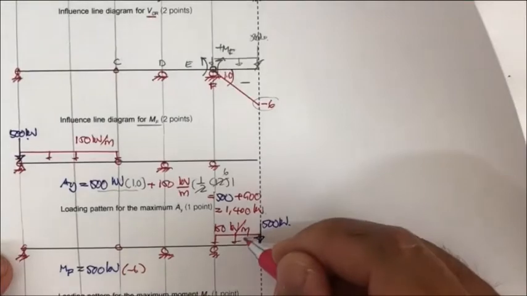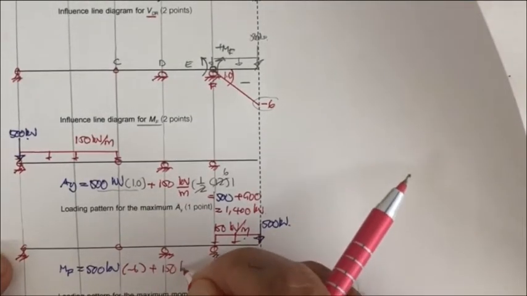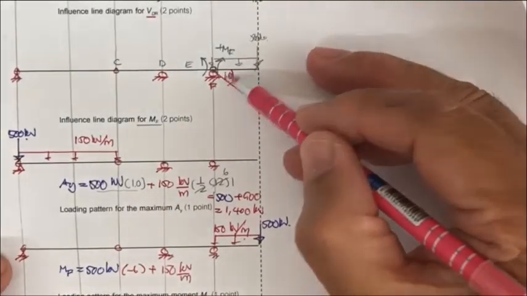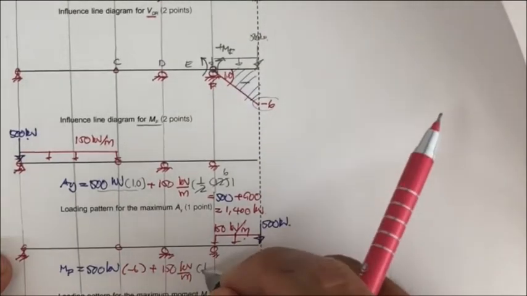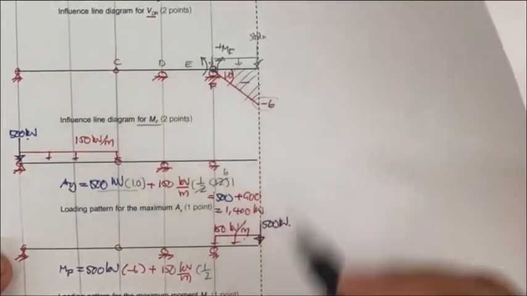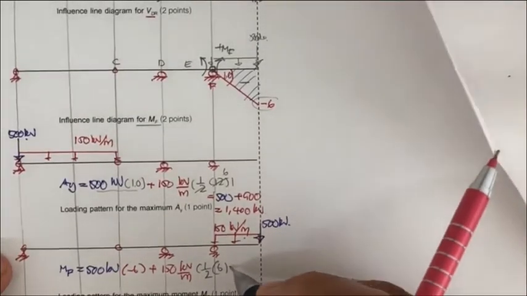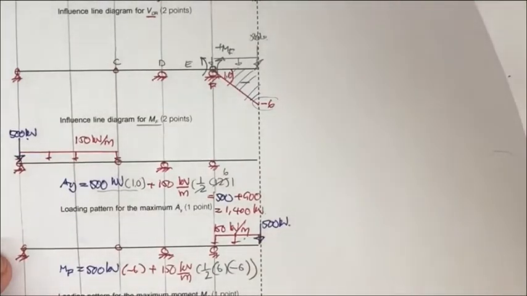And you also have plus 150 kilonewton per meter, and that's going to be multiplied by the area here. That is going to be 1/2 of 6 meters times minus 6. Okay, that's going to be quite a lot.